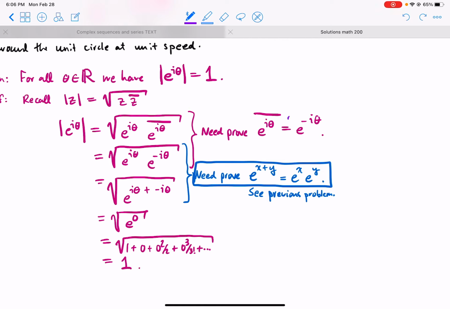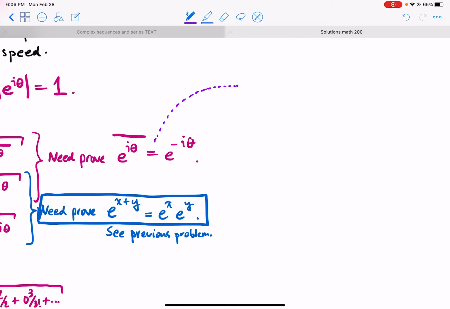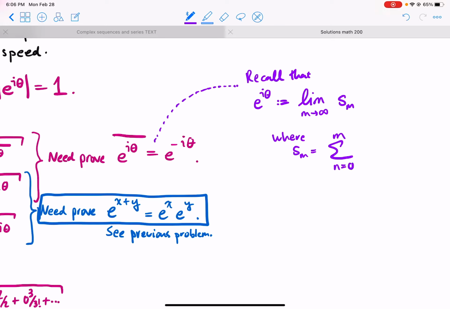Okay, so why is this true? So first, let's recall that the symbols e to the i theta are defined to be the limit as m goes to infinity of certain partial sums, where Sm is a finite sum from n equals 0 to m of x to the n over n factorial, where we plug in x equals i theta: i theta to the n over n factorial.